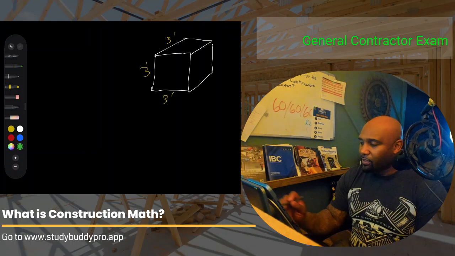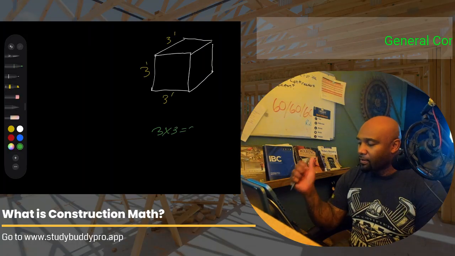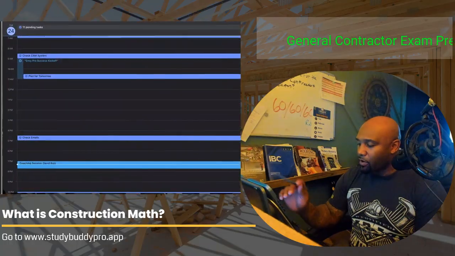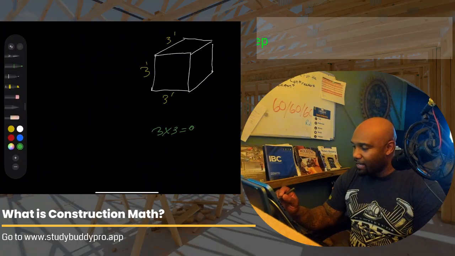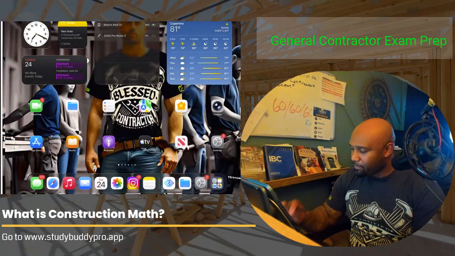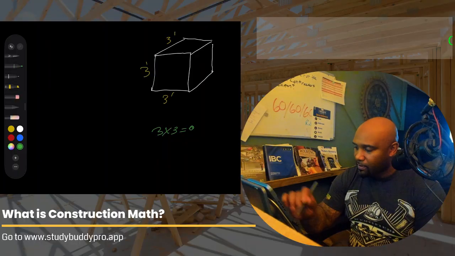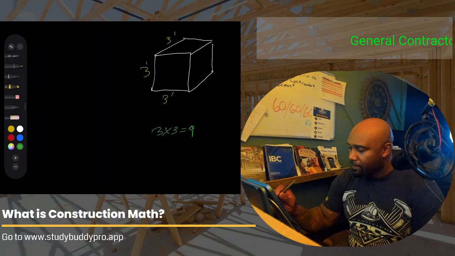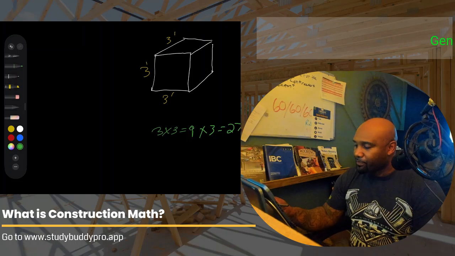And what happens is the problem is 3 times 3 equals 9. Sorry, I got a new little iPad. It's not great when it comes down to this pen, right? But 9 times 3 equals 27. Okay?